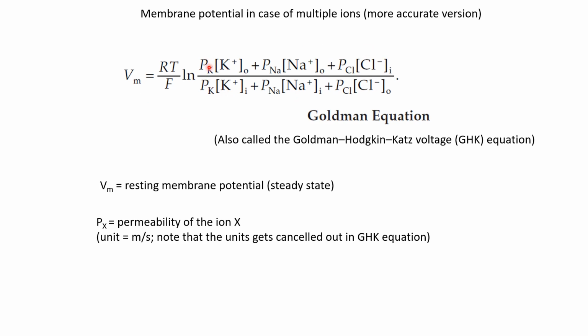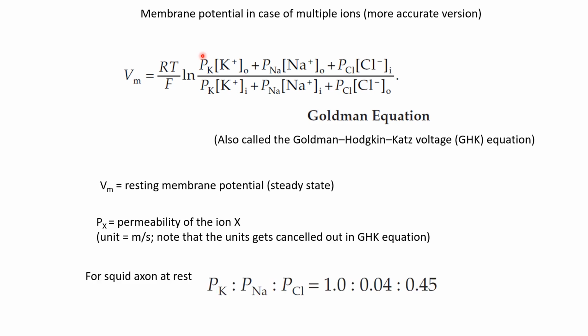And these permeability values basically tell how permeable the membrane is to each of these ions, which takes into account both the movement of the ion through the ion channel as well as the various pumps that are present in the membrane. And for most neurons, for example this giant axon, the permeability of potassium is highest.